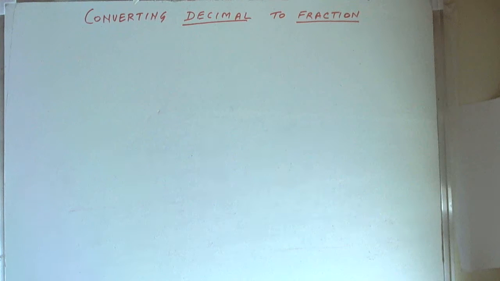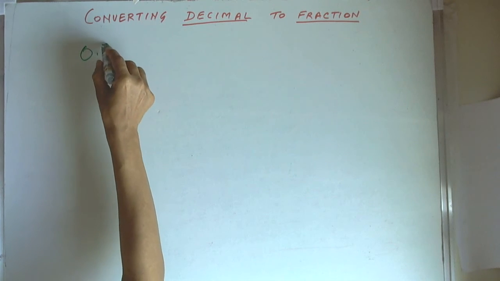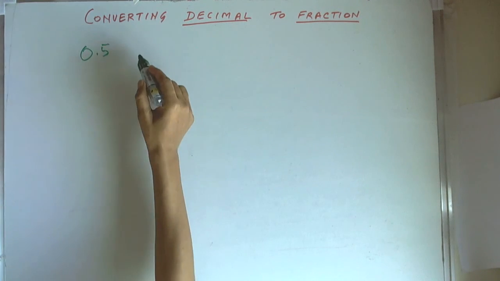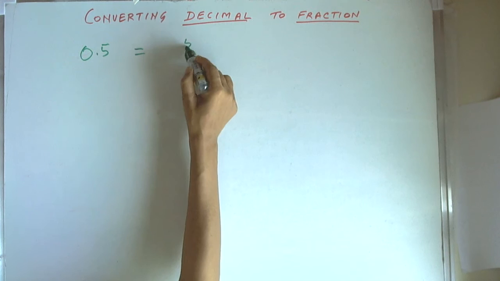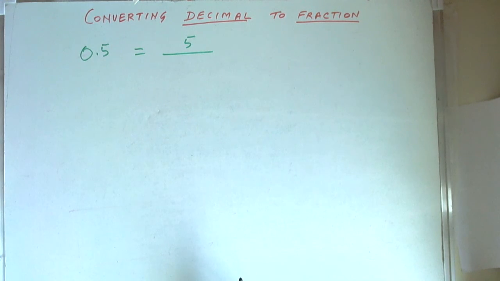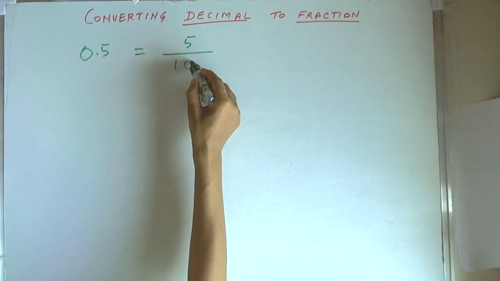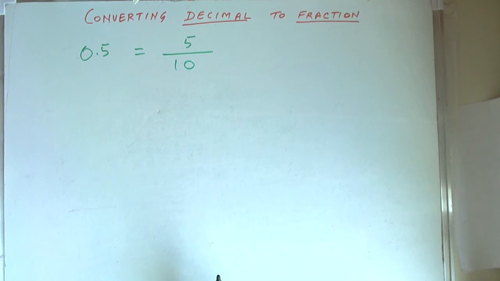So now let us take a simple example: a decimal 0.5. Now how to convert it into a fraction? The first step is that we write it as numerator and denominator, and depending upon how many decimal places there are after the decimal point, we put that many zeros in the denominator.